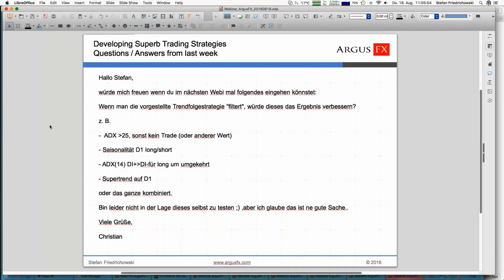And my short answer to that is simply yes, we can apply those additional filters, and I already know the result. It might be astonishing: yes, we would improve the performance of that strategy. I'm more or less sure that we would improve the DAX EMA strategy.